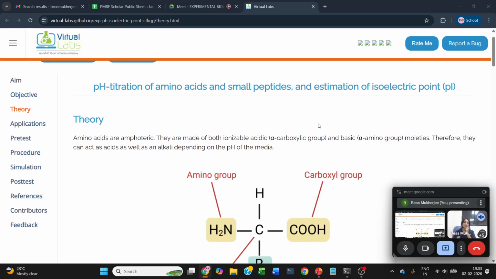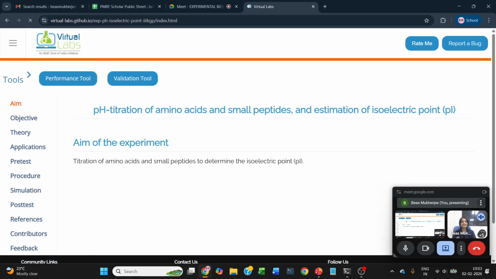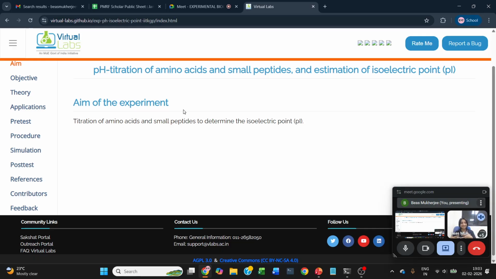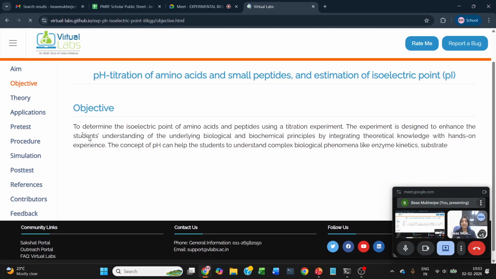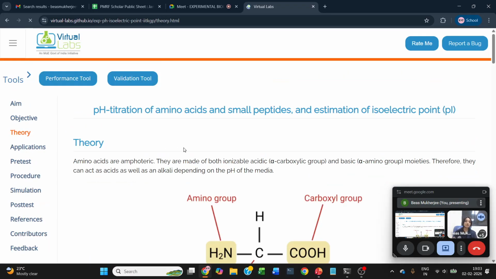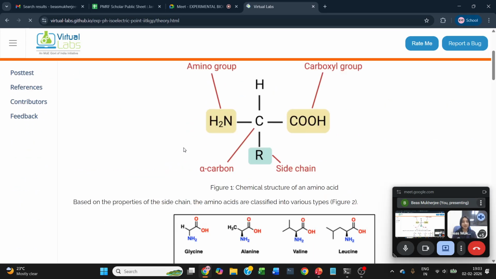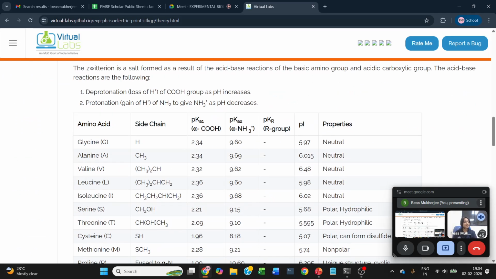So we all have developed this, and you can see that there is this aim. It's just like an experiment. Okay, so there is this aim and then objective, what all you can learn from this experiment, that is given, and then theory. So whatever we have learned until now, all of that is given here too.